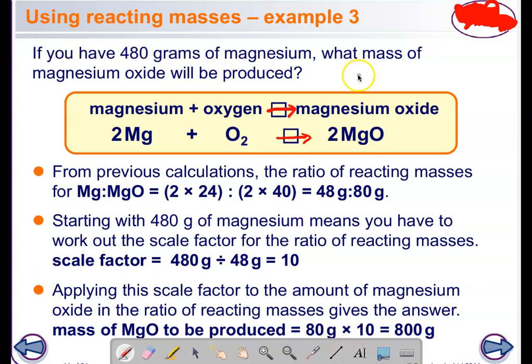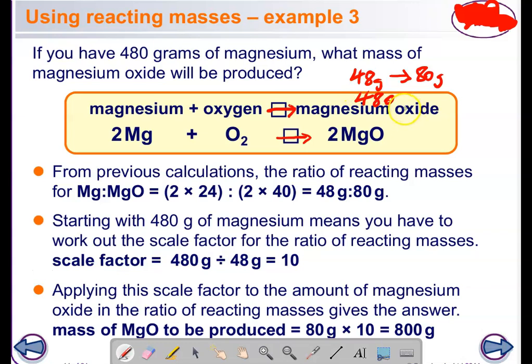So if we use the previous example, in that example, 48 grams of magnesium gave us 80 grams of magnesium oxide. If 48 is giving us 80, what would 480 give us?